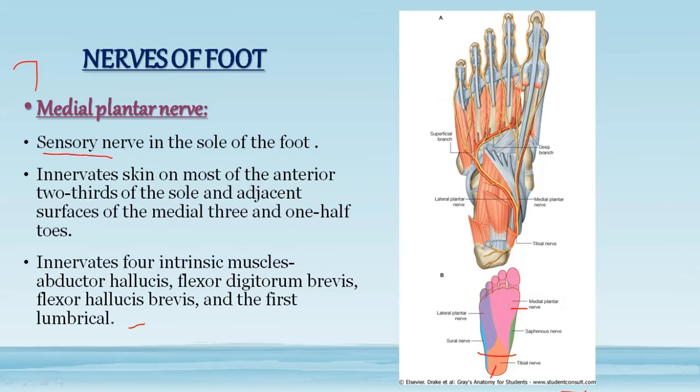For motor innervation, it innervates 4 intrinsic muscles of the sole of foot. In the sole of foot, various muscles are present, but you have to remember that only 4 muscles are supplied by the medial plantar nerve. All the remaining muscles of the sole of foot are supplied by the lateral plantar nerve.